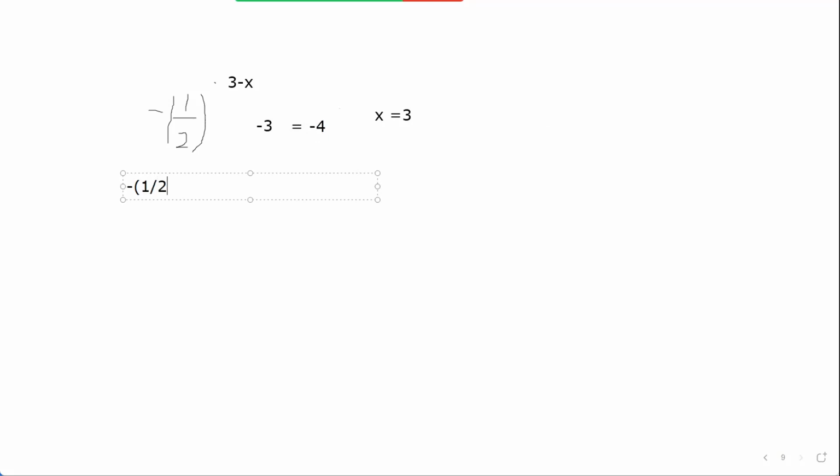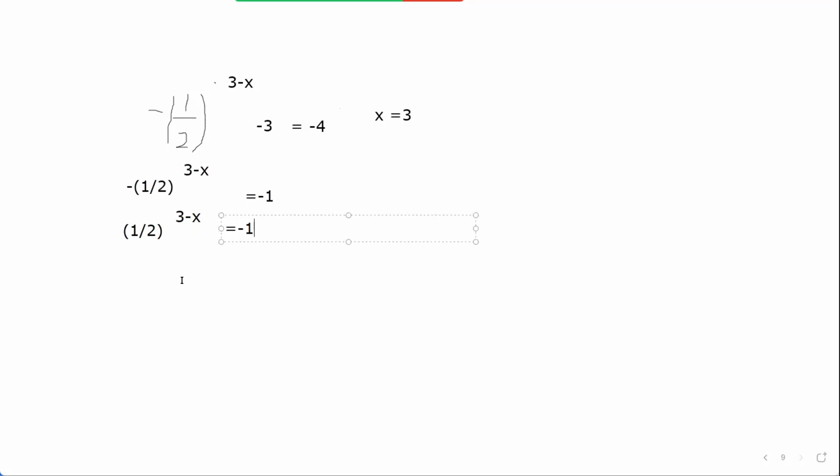And so she moved it over and she got -1/2 to the power of 3 minus x. And she moved the 3 over and got -1, right? Now, what she did is she made this positive, so she got 1/2 to the 3 minus x equals -1.